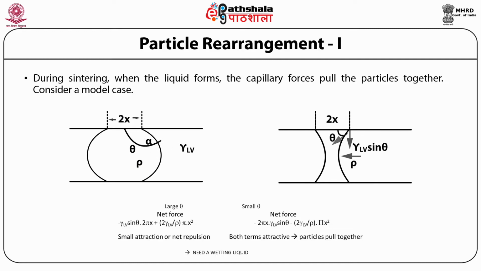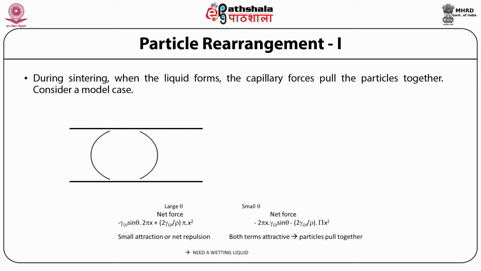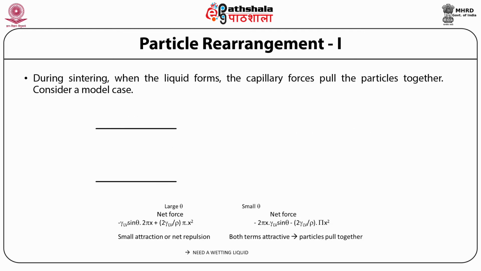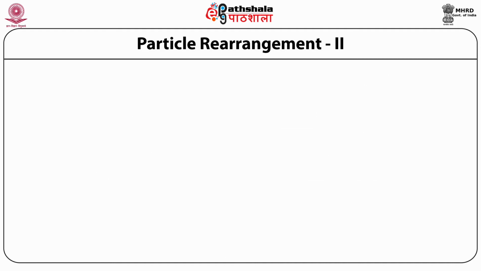When the contact angle is small, as shown in figure B, the net force is given as minus 2 pi x into gamma sine theta minus 2 gamma by rho pi x square. In this case, both the components are attractive, and so the plates are pulled together.